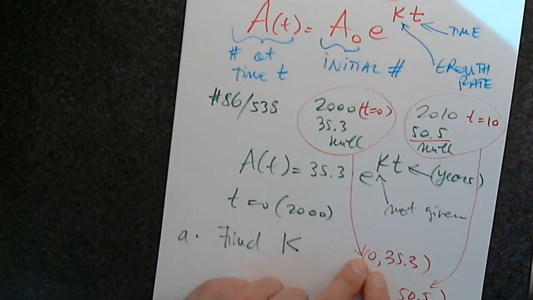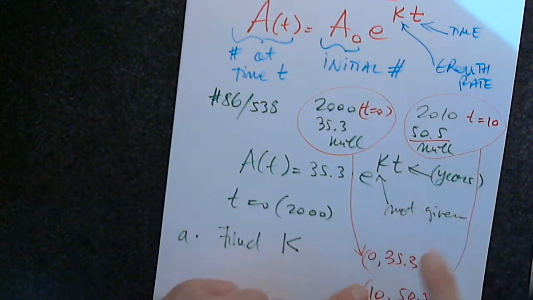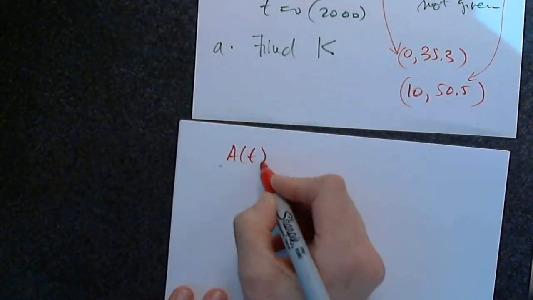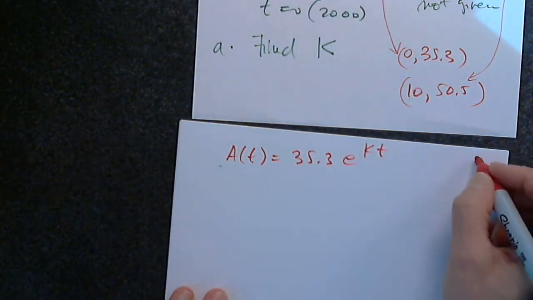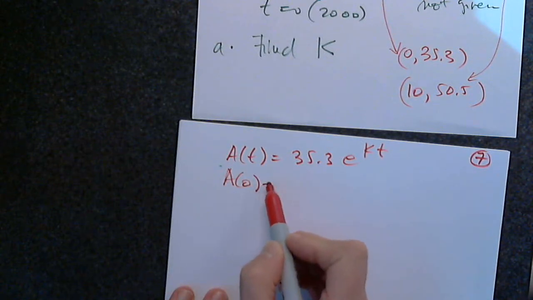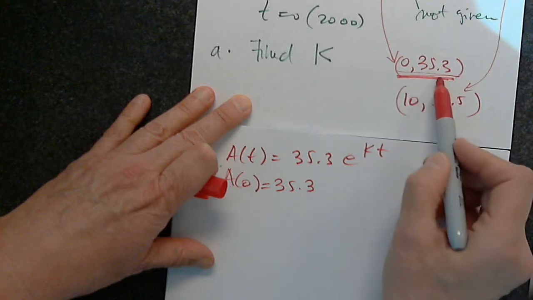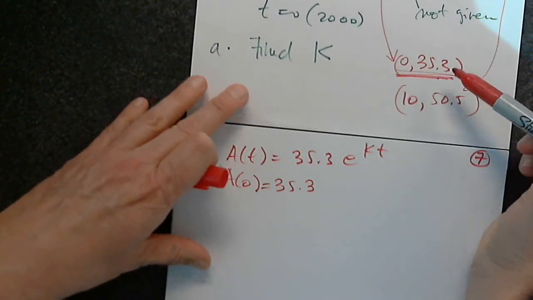So when t is 0, let's put it in for everyone to see. So the function is A of t, 35.3 e to kt. So A of 0 is 35.3. This is what it means, correct? A of 0 equals 35.3.